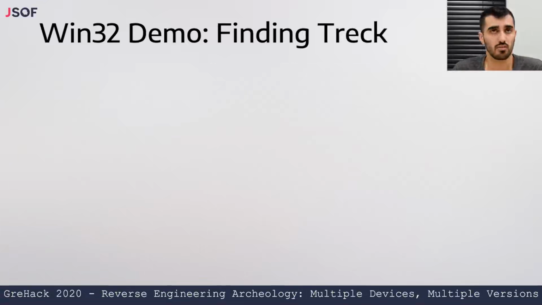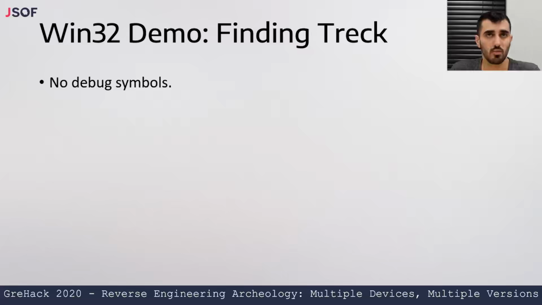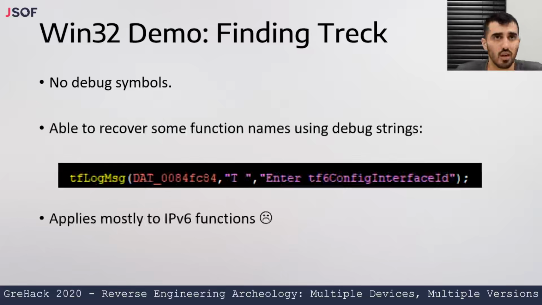The first step to reverse engineer is to locate the interesting code within the binary itself. We found that this binary had no debug symbols, so we didn't have any function names or any global variable names, etc. We were able to recover some function names using debug strings.